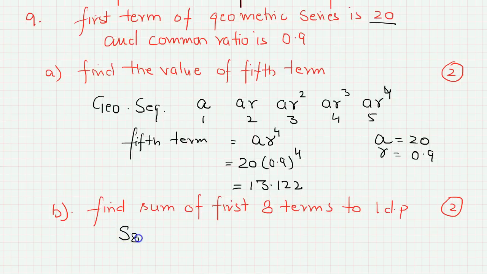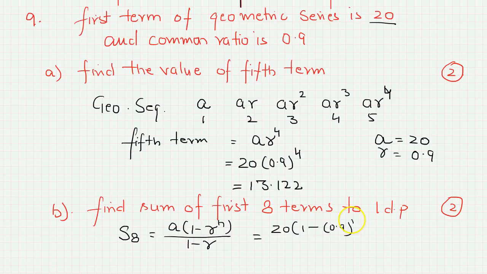So the sum of the first 8 terms, we are going to use the formula a(1 - r^n) over 1 - r. So now here a is 20, r is 0.9, n is 8.